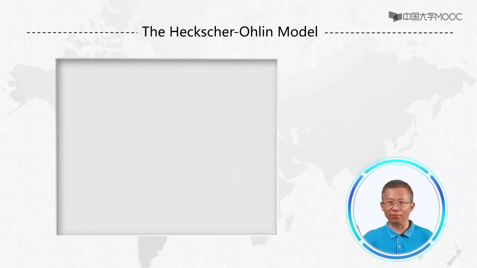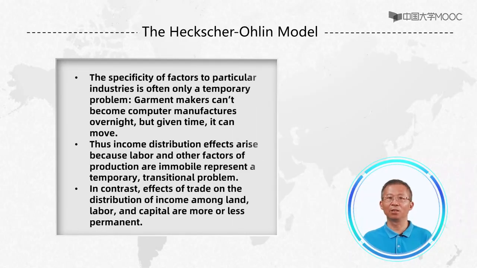However, there is one crucial difference regarding income distribution effects in these two models. The specificity of factors to particular industries is often only a temporary problem. Garment makers cannot become computer manufacturers overnight, but given time, they can move.